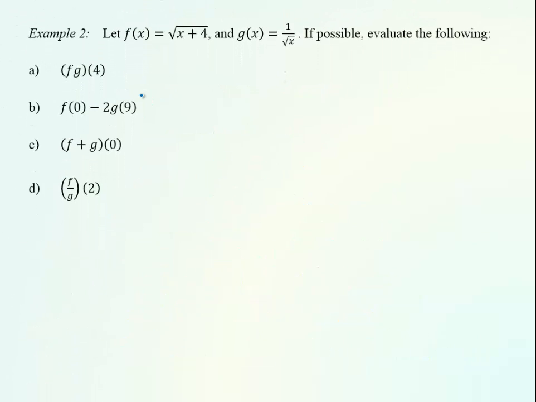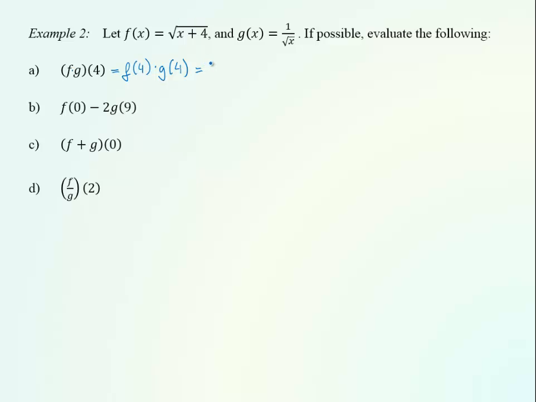In the next exercise, we have two functions given. One is a radical one, the other reciprocal of a radical. So let's evaluate the product of the two functions, f times g of 4. That means we need to evaluate what's f of 4 and multiply it by g of 4.